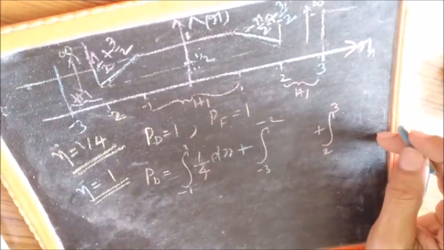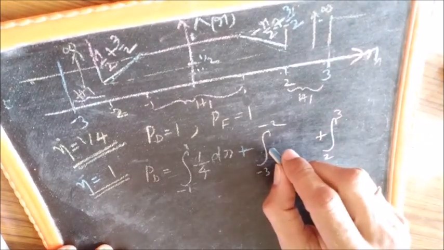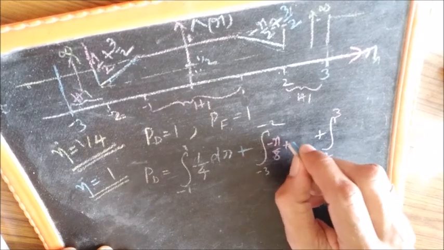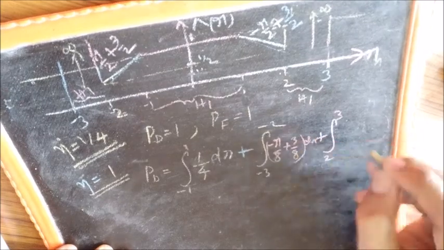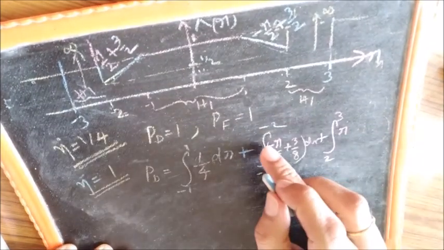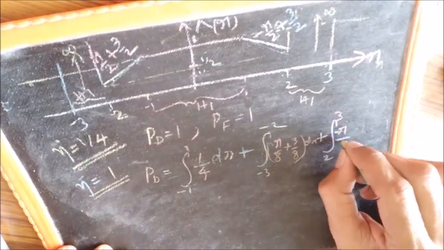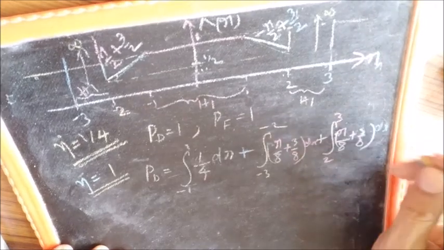In this range, the function was R by 8 plus 3 by 8, plus minus R by 8 plus 3 by 8, dR.